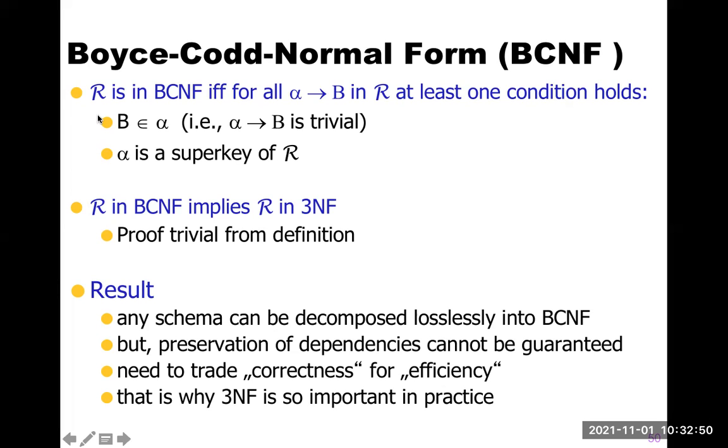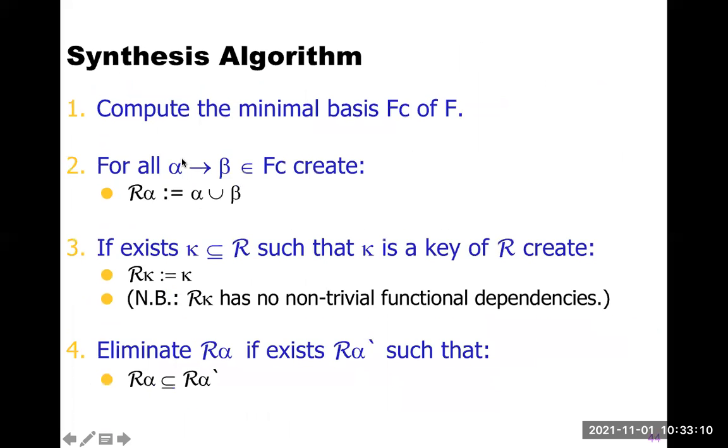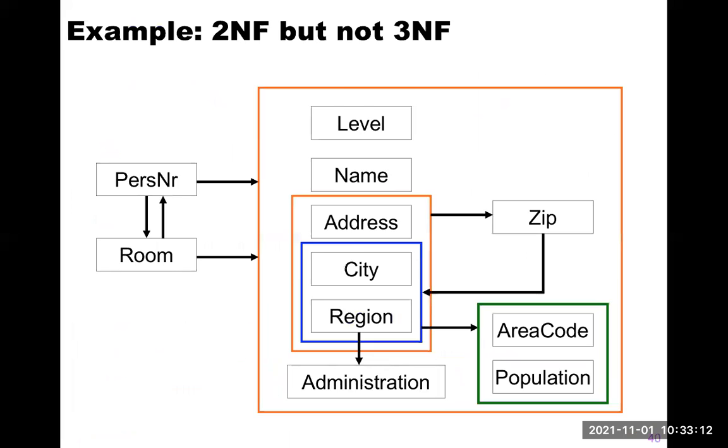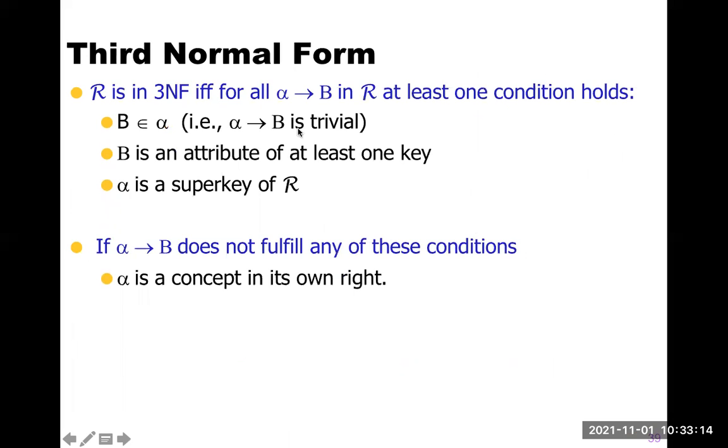A table is in Boyce-Codd normal form if and only if for all the dependencies at least one condition holds: the dependency is trivial, like in third normal form, or alpha is a super key of the whole table. So the only difference is the absence of the second rule.